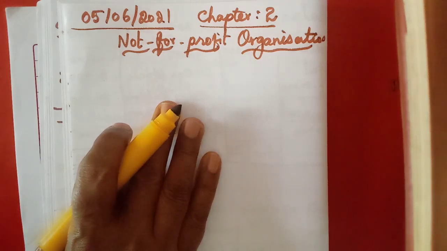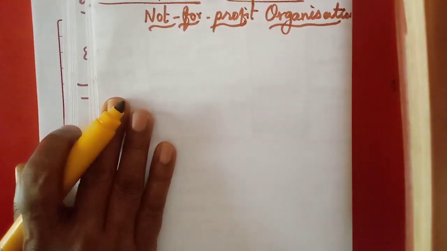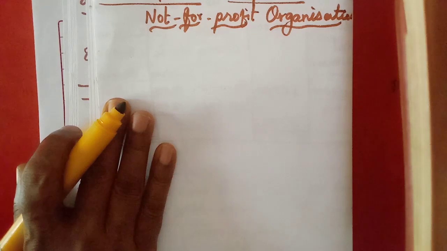Here we can say many examples. The schools, colleges, hospitals, transport services, insurance companies, banking, they do for profit purposes. Their service is doing service, but they get some money. So all these are the not-for-profit organizations.